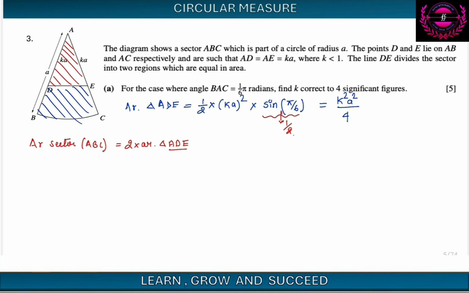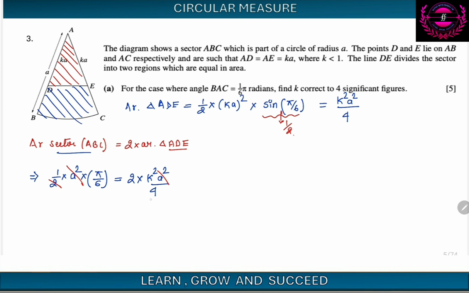Now, the area of sector ABC is half r square theta. So the radius is A only, half r square theta. Theta is pi by 6, and this is equal to 2 into the area of the triangle, which is K square A square upon 4. So A square cancels out with A square.